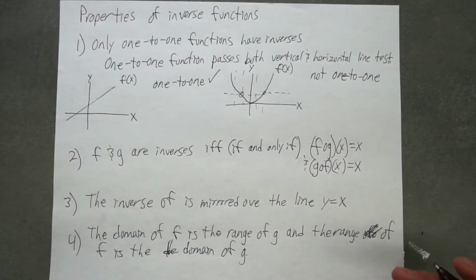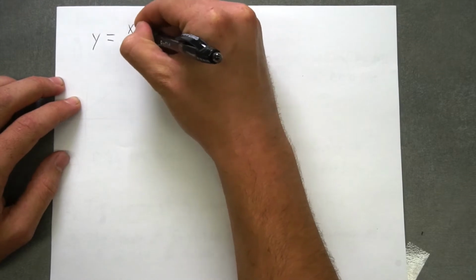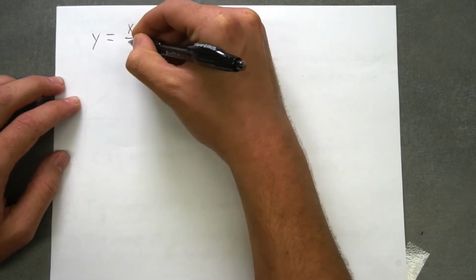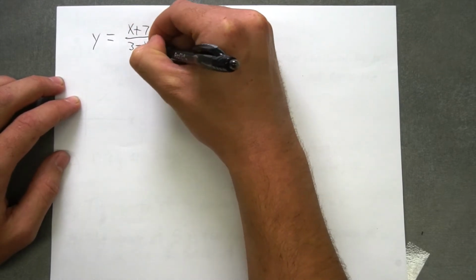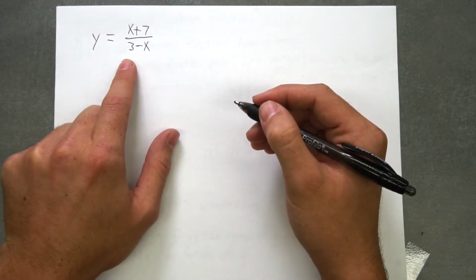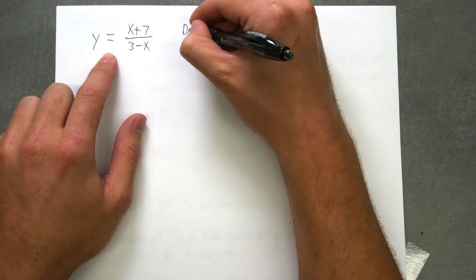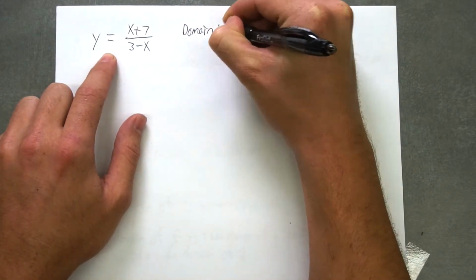So for the example, let's start out with a function such as y equals x plus 7 over 3 minus x. So let's first find the domain and range of this function. The domain is everything that x can be.